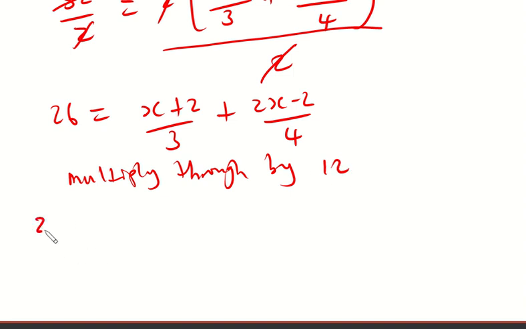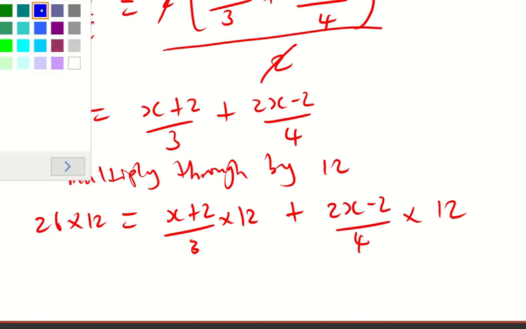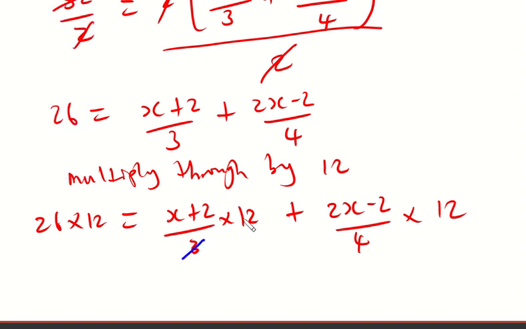So 26 times 12 is equal to (x plus 2) over 3 times 12. I'm multiplying every single thing by 12. And (2x minus 2) over 4 times 12.